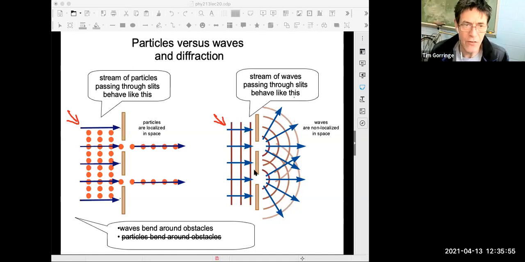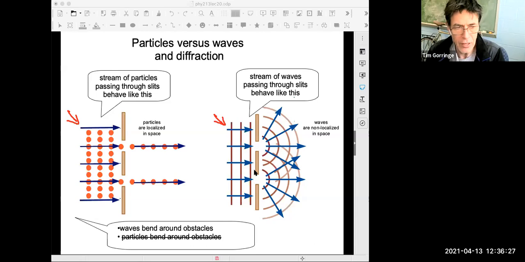And you see very different effects. You see on the left with the particles, which are localized in objects in space, just a single thin stream of particles passing through each slit. On the right-hand side, where we're working with waves, which are non-localized in space, we see these circular wavelets, spherical wavelets emerging from the slits.